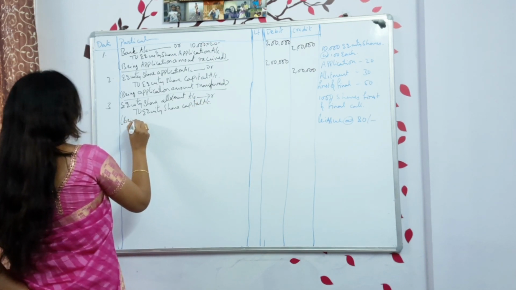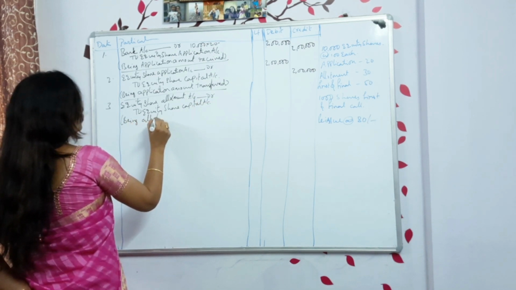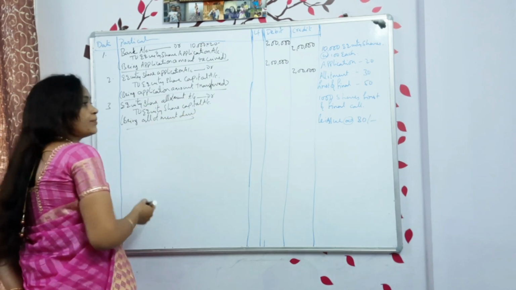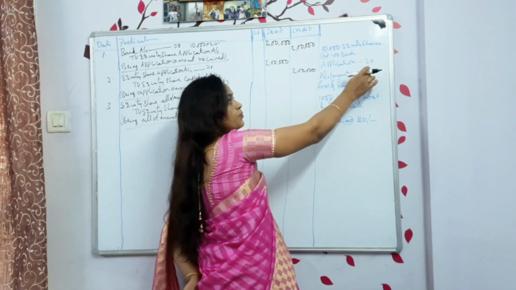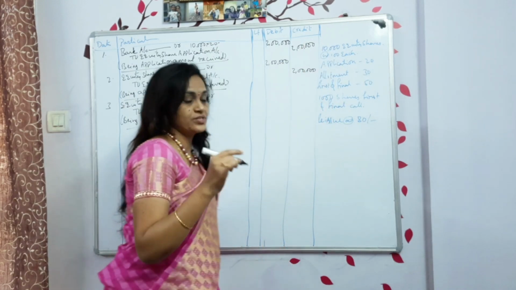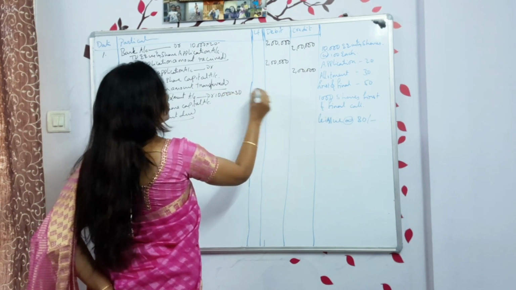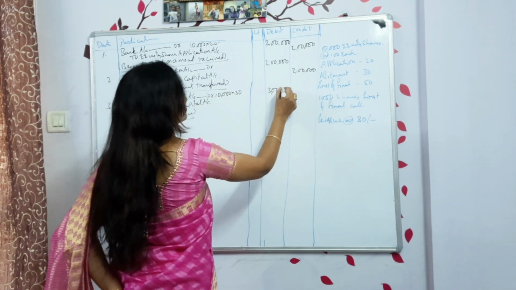Being allotment due. What is the amount? 30 rupees with 10,000 shares, so 10,000 into 30 gives 3 lakhs.